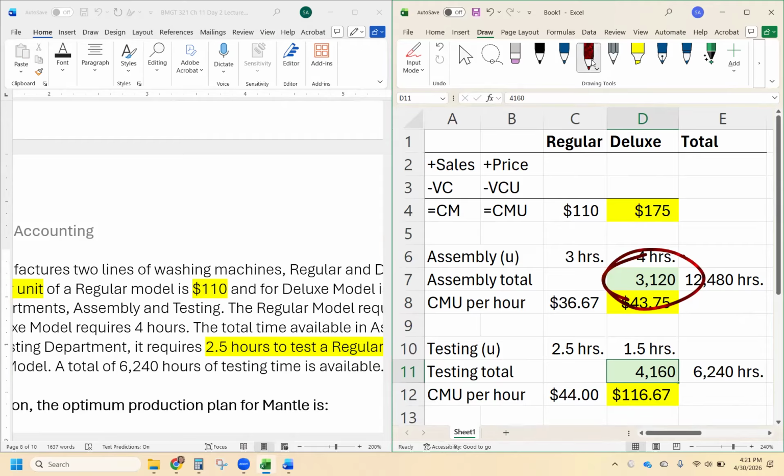Now, in this case, like in the XYZ upgrade situation, we might have customers that come in looking at the regular, but then when they see the deluxe, they love it and they want to upgrade. If that happens a lot, then if we want to sell more deluxe, we might actually make regular so that we can draw customers in to upsell. And so that's a new analysis.